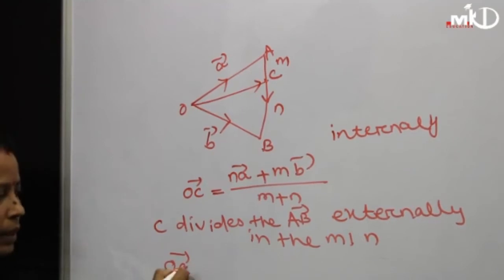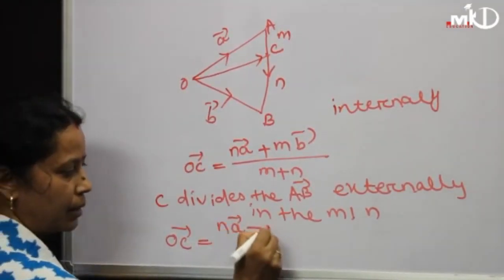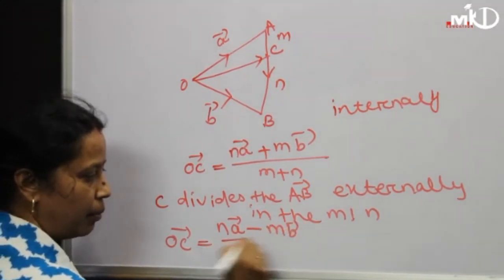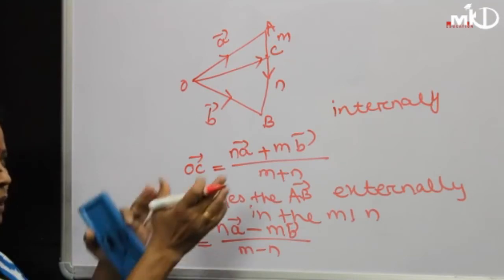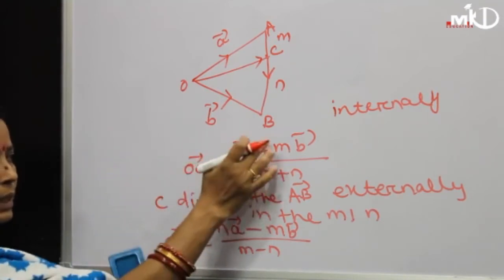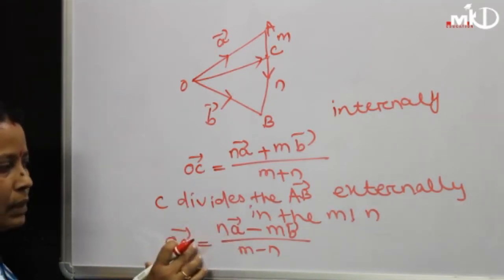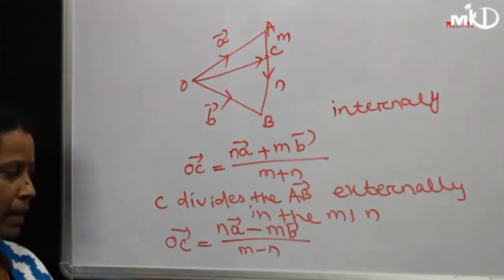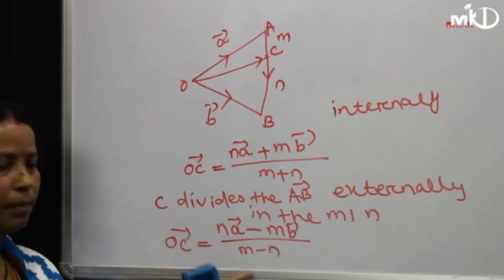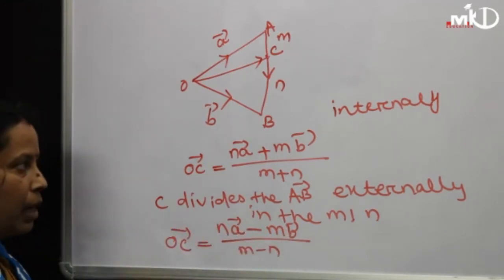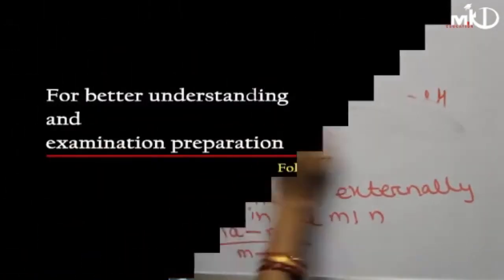OC is equal to N A bar minus M B bar by M minus N. So for internal division it is plus, and when it divides externally, it is minus. Now if C is the middle point, that is called the midpoint formula.